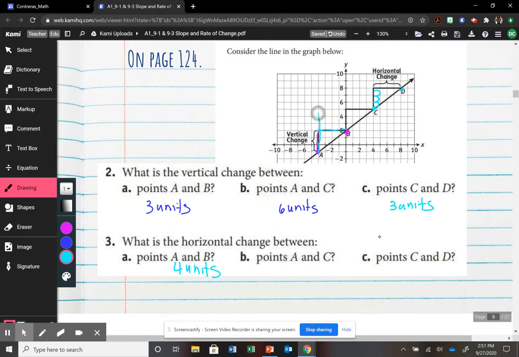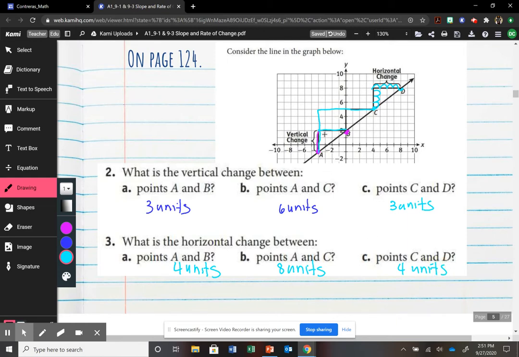So we're talking about this one right here. So we're looking at the horizontal change. So 1, 2, 3, 4, 5, 6, 7, 8. So we have 8 units here. And now between points C and D, we're looking for the horizontal change, which is 1, 2, 3, 4. 4 units.